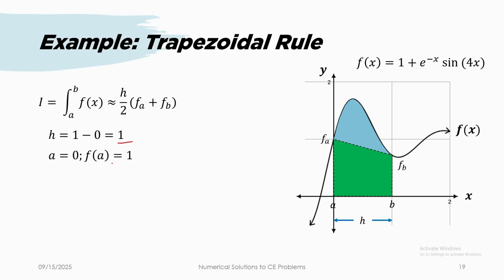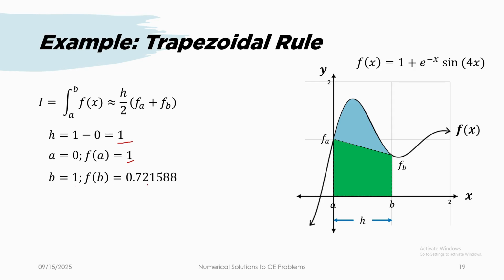The function value at a, we just substitute 0 here, so that's 1 plus e raised to negative 0 sine 0. Sine 0 is 0, so multiplied to e raised to x, that would just be 1. Then we evaluate at b.